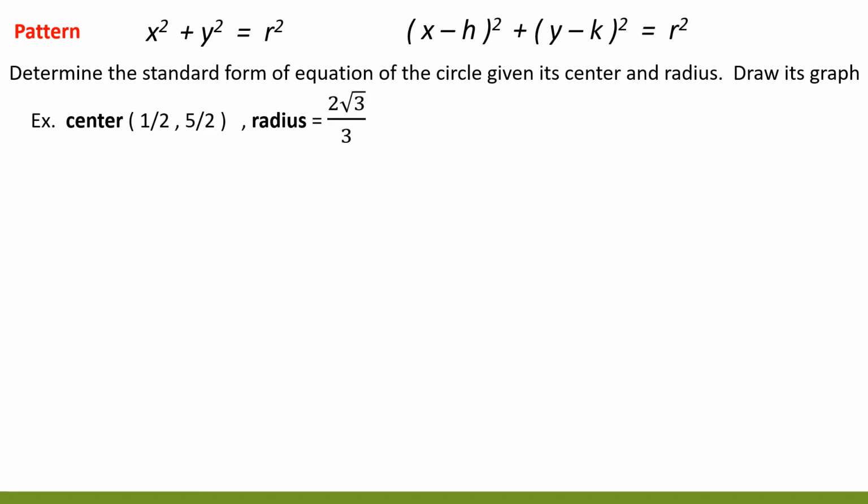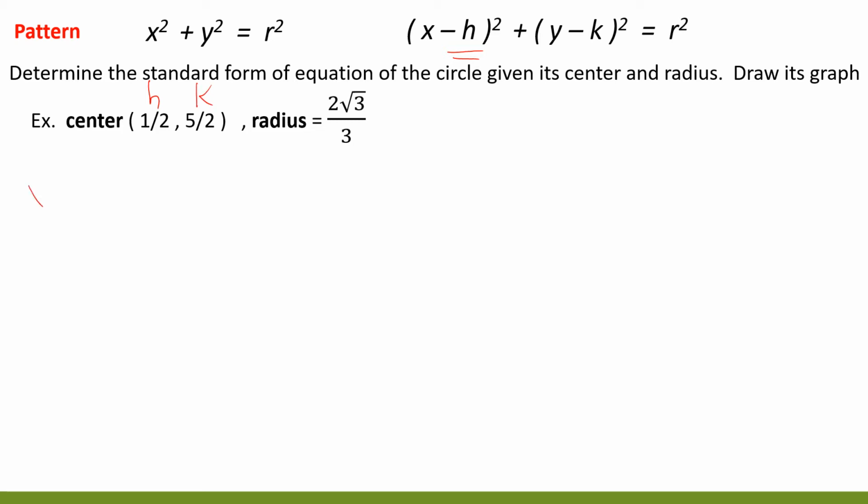Next example, center (1/2, 5/2), radius 2 square root of 3 over 3. Since wala ulit tayo sa origin, ay di ang gagamitin nating pattern ulit ay itong mahaba. Kaya, palitan ulit natin, ang h ay 1/2, while k is 5/2.